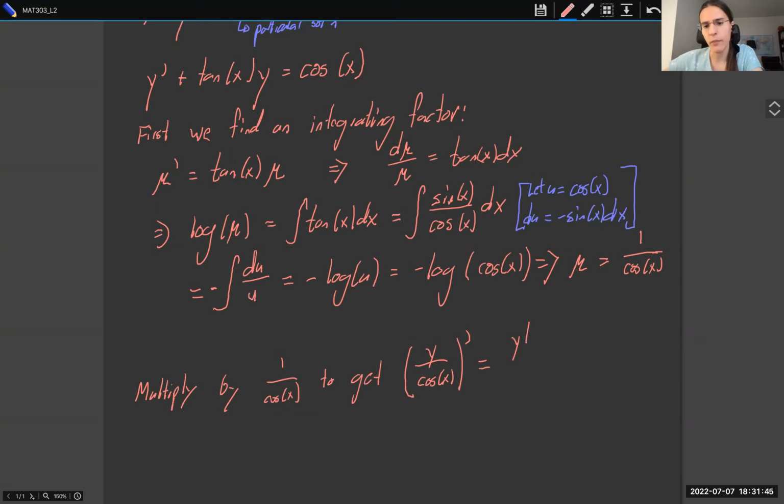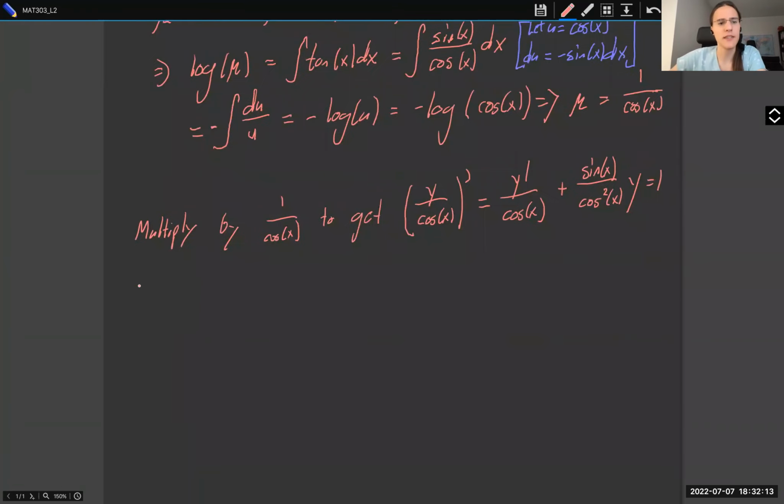So y prime over cos x plus, let's say, sine over cosine squared times y. And that's this side multiplied by 1 over cos x. And so what that equals is this side multiplied by 1 over cos x, and so we just get 1.